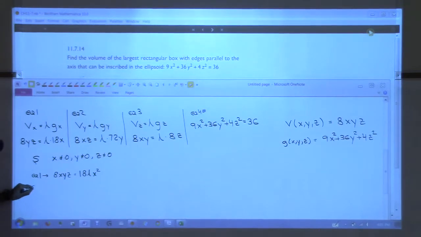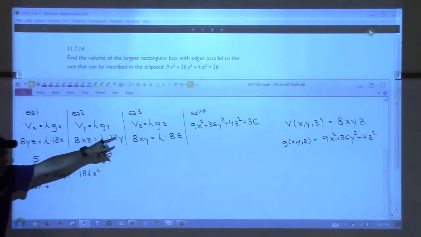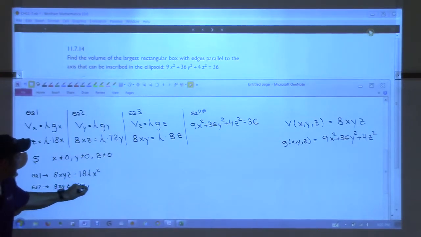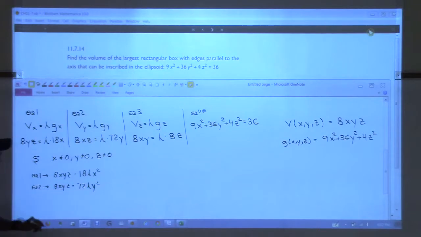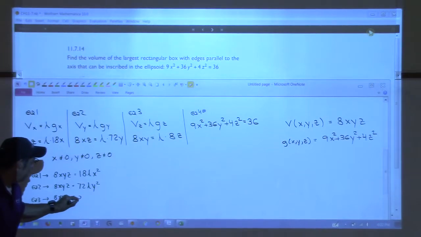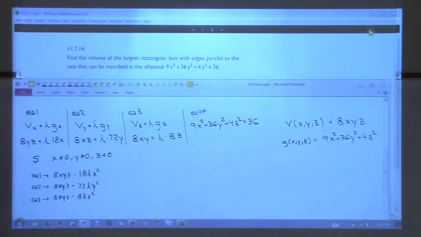And then equation 2, y'all know what I'm doing? Multiply by x, y, z, right? Okay, so then the second equation is 8xyz equals 72 lambda y squared. And equation 3 becomes 8xyz equals 8 lambda z squared. All right.